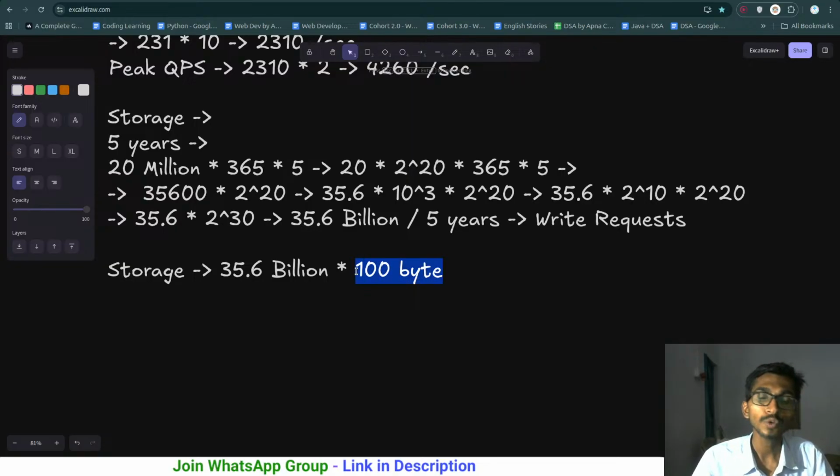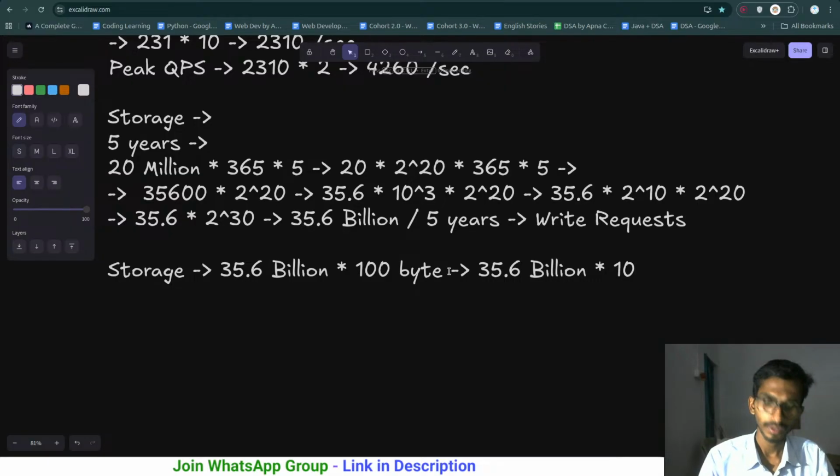Now again, we'll have to convert this 100 byte into the 10 to the power format, so that we can convert that into the 2 to the power format. This is already a byte, and it is already 10 to the power 2 anyway. So 35.6 billion multiplied by 10 to the power 2, we already have it here.